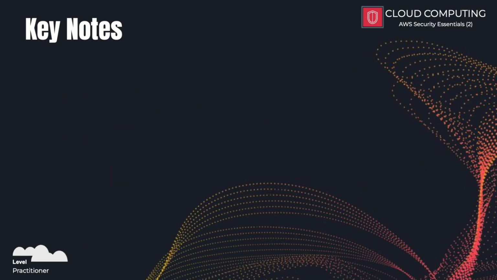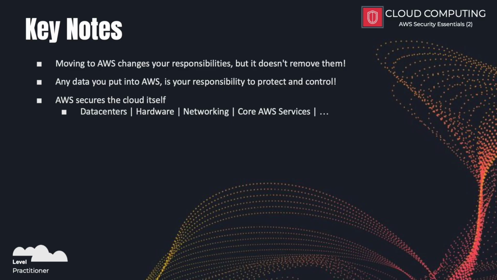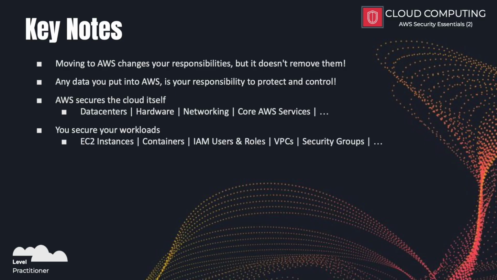Now, before we wrap up, let's quickly recap the key takeaways you need to remember from this video. Moving to AWS changes your responsibilities, but it doesn't remove them. Any data you put into AWS is your responsibility to protect and control. AWS secures the cloud itself, including data centers, hardware, networking, and core AWS services, and you secure your workloads, including EC2, containers, IAM users and roles, VPCs, and security groups.